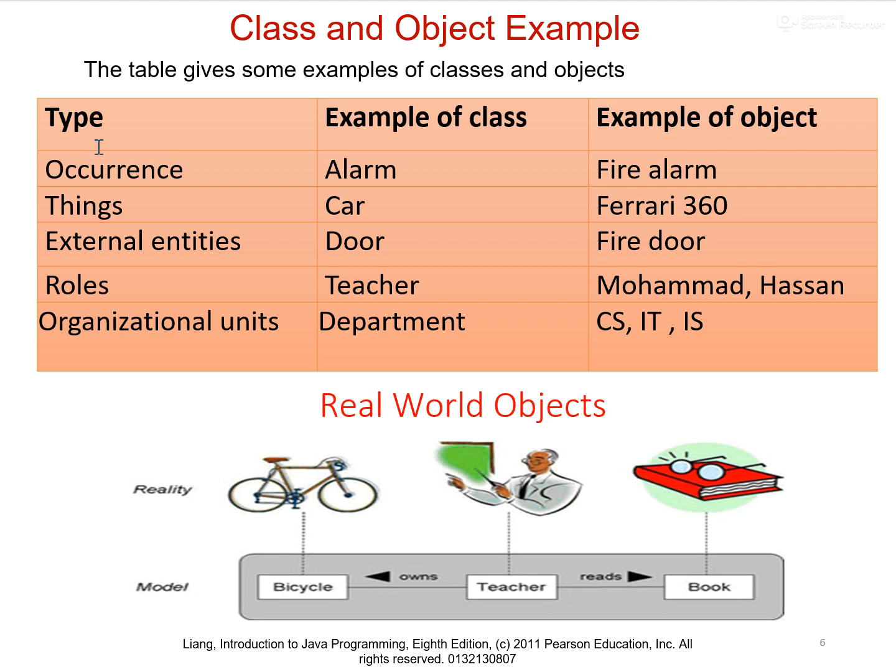And let's say you could use classes and objects to model an occurrence, an event. So, for example, an example of a class that models a type of occurrence is an alarm, and an example object of an alarm is a fire alarm.